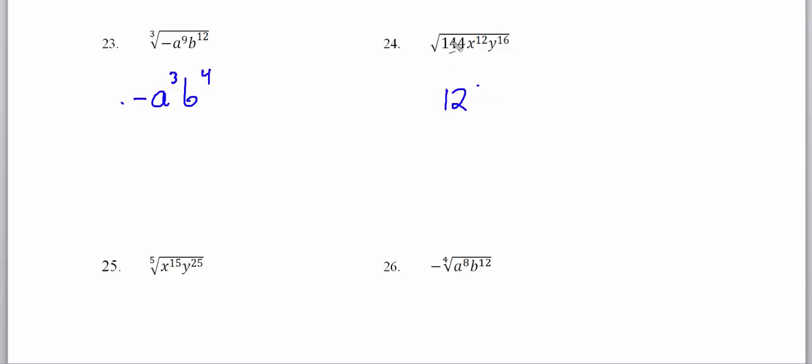So then we also take a look that 2 fits into x to the 12 6 times, and 2 fits into the 16 8 times. Down here, x to the 3rd power, y to the 5th power. The negative stays out in front. This is a to the 2nd power, b to the 3rd power, because 4 fits into 8 twice, and 4 fits into 12 3 times.